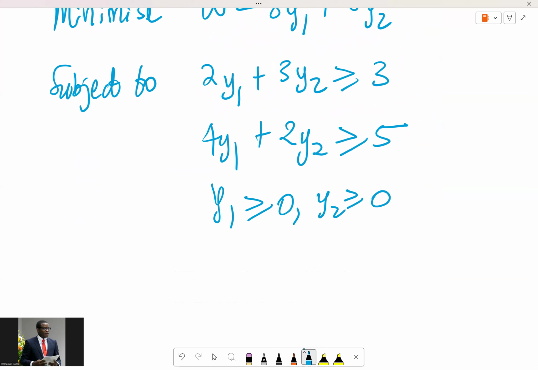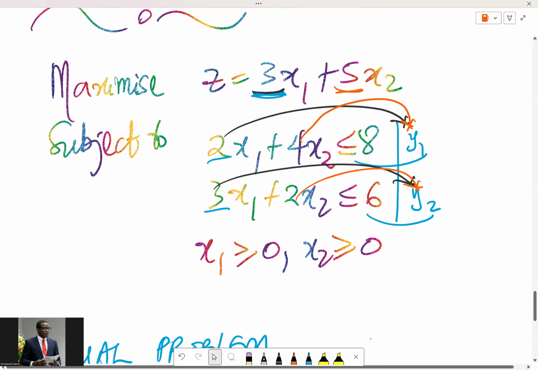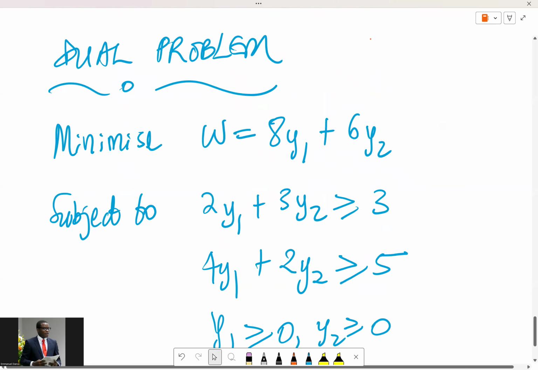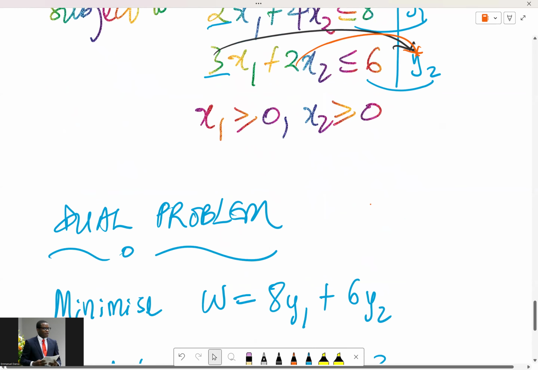In the next video, I'm going to give explicit reasons how the kind of constraints you have is going to lead to the kind of decision variable you're going to have in the dual. But for now, let's just understand this basic way of translation, right?